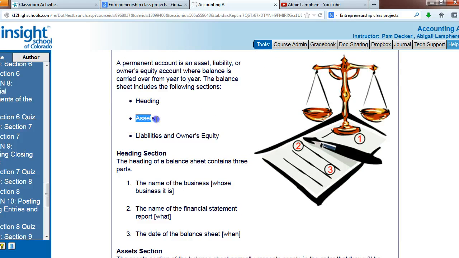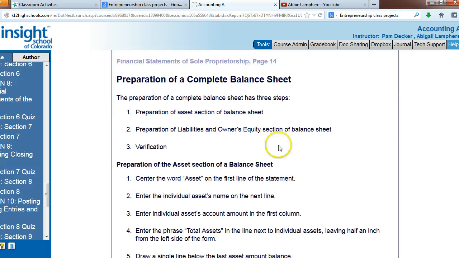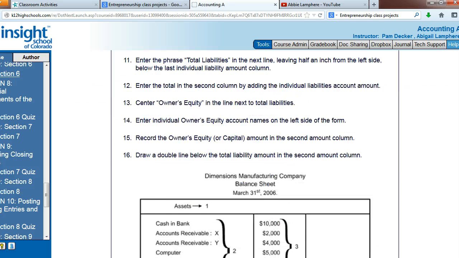The next section is going to list all the assets, so all the separate asset accounts with their balances. And then the third section will list the liabilities, their balances, and the owner's equity, which we calculated in the statement of owner's equity. So let's take a look at an example of the balance sheet.